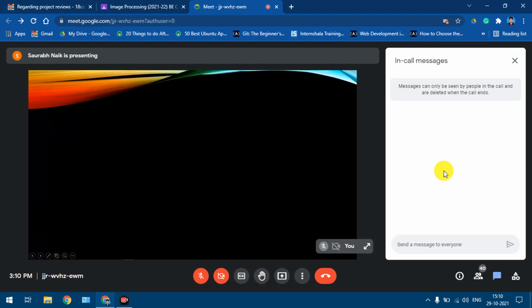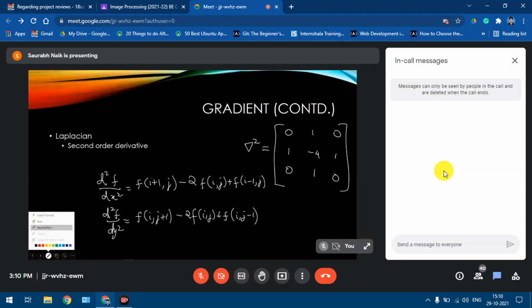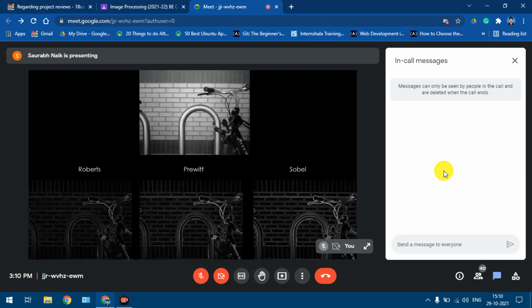So the Roberts operator, sorry, has a matrix, not 0 over there, that will be y. I should not have selected that auto hide.